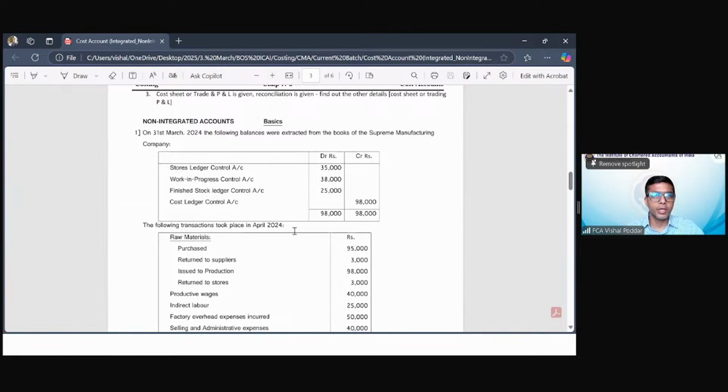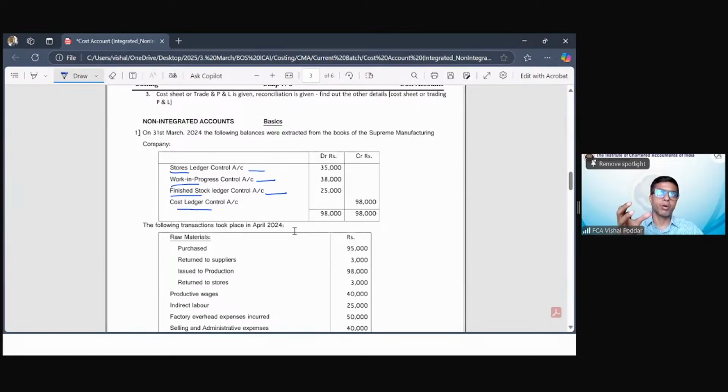So since it is accounting, you will be having opening balances. You have opening balances of these three accounts, which represent your stock of material, stock of work in progress, stock of inputs. And then the combined amount of this will obviously reflect in CLC.